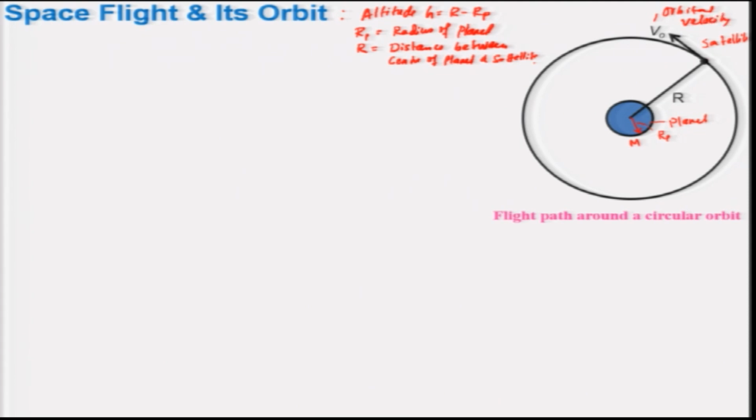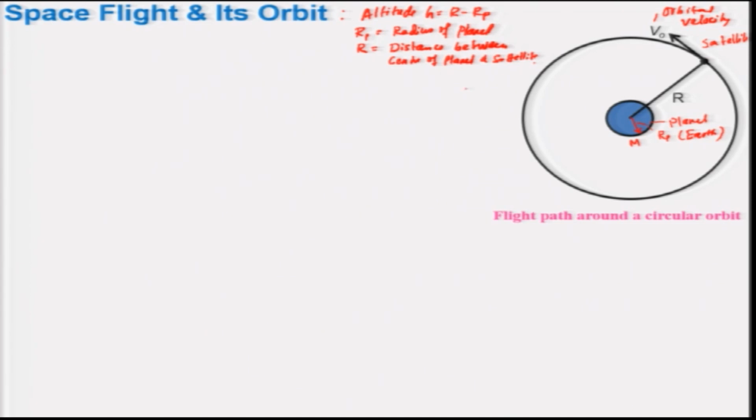The satellite is pulled by the gravitational force of the planet, or in our case the earth, if a satellite is moving around the earth. And as the satellite is moving with some orbital velocity, it will experience a centrifugal force. We call it a pseudo centrifugal force.